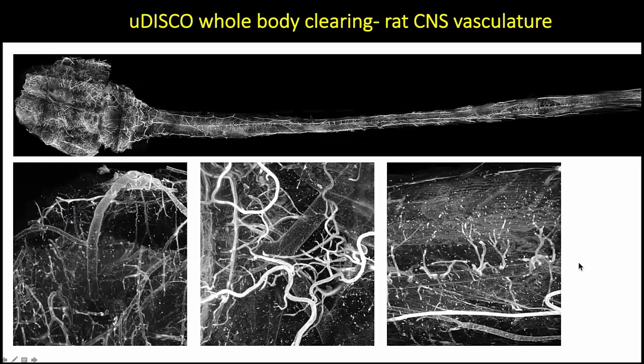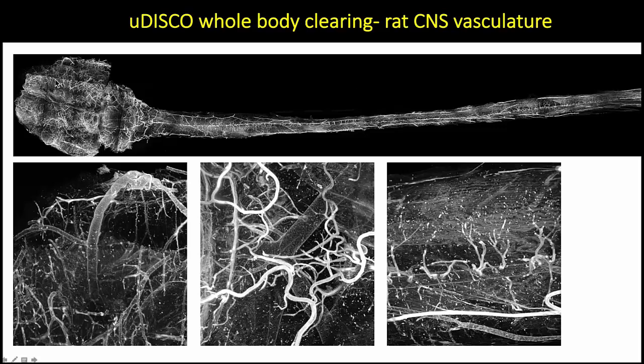Then we can see the vessels throughout the overview; you can see the organs heavily vascularized. We will zoom into the vasculature in the CNS, the intact rat CNS, brain and spinal cord. This is tissue of more than 13 centimeters.